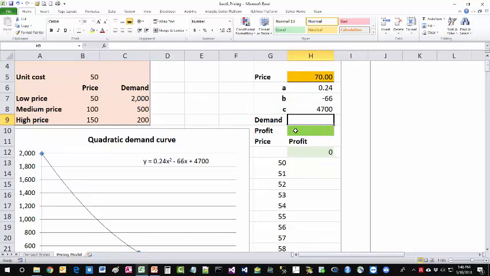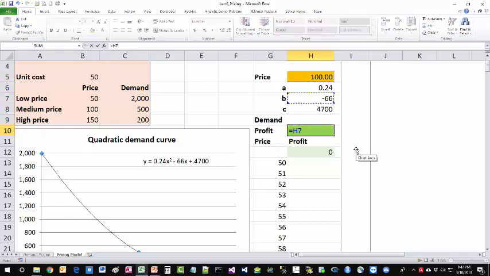Okay, so next, we want to calculate the demand by implementing this quadratic curve, which equals a times x, which is the price, currently made up to be $70, squared. I could have had $100. Actually, let me put in 100 just to have that baseline established.